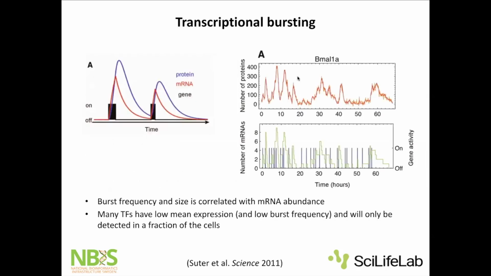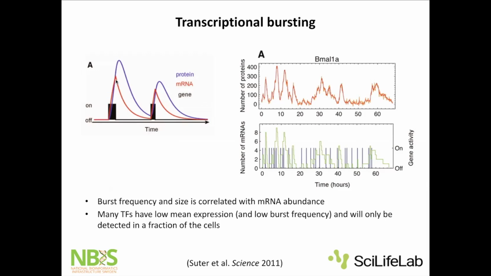So, transcriptional bursting. When you think about gene expression, you always think about a gene as being on or off. But when you look at the single cell level, a gene will be turned on and it will start producing mRNA.